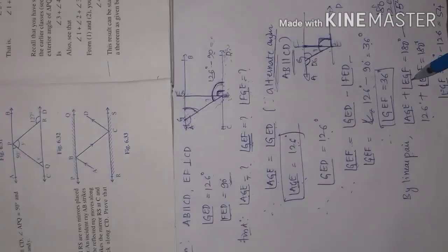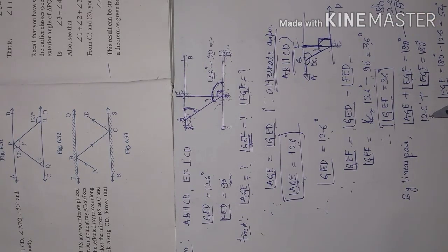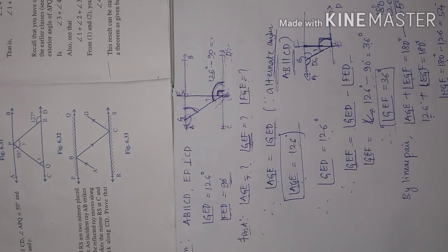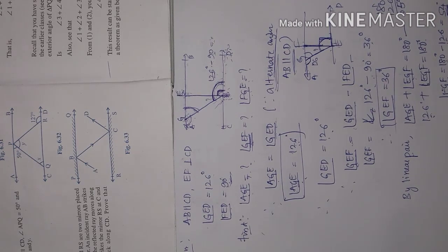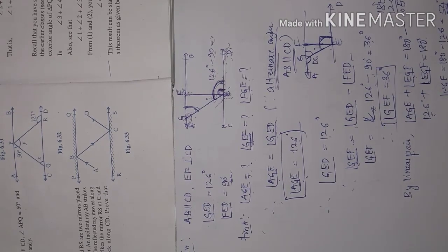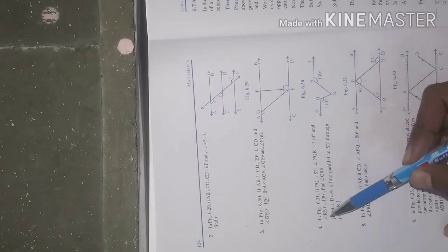EGF I should find, so keep it as it is, which is equal to 180 degrees. 126 is the value of AGE. I shift it to the other side, it becomes minus 126, and the remaining I keep as it is. 180 minus 126 is 54. So angle EGF is equal to 54 degrees. This is about the third question of the exercise. Let us move to the next question of the exercise.